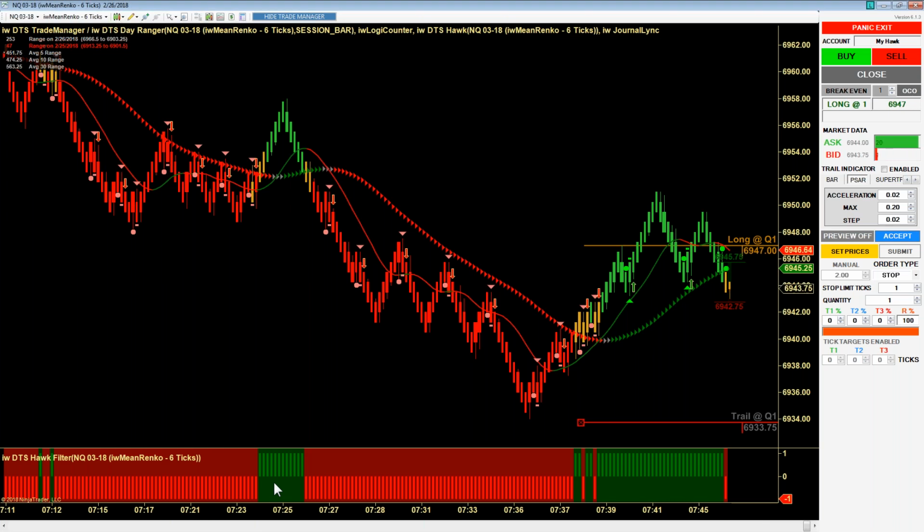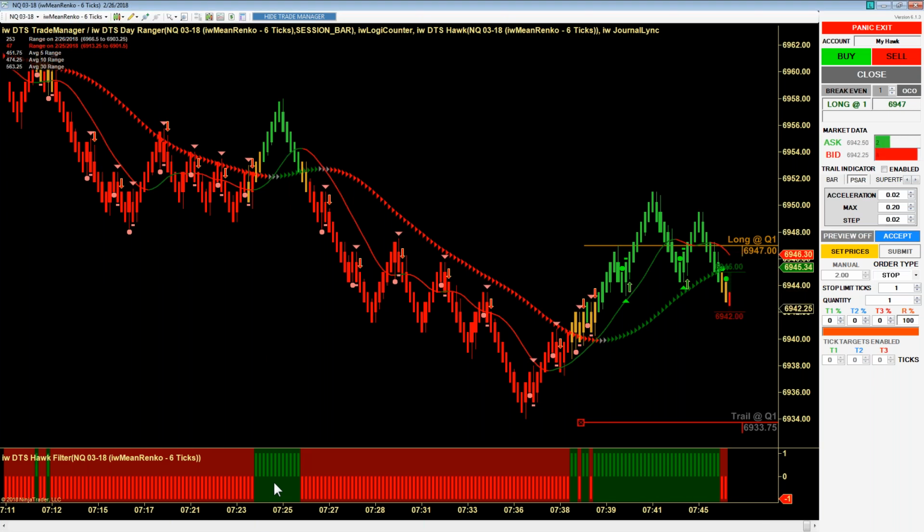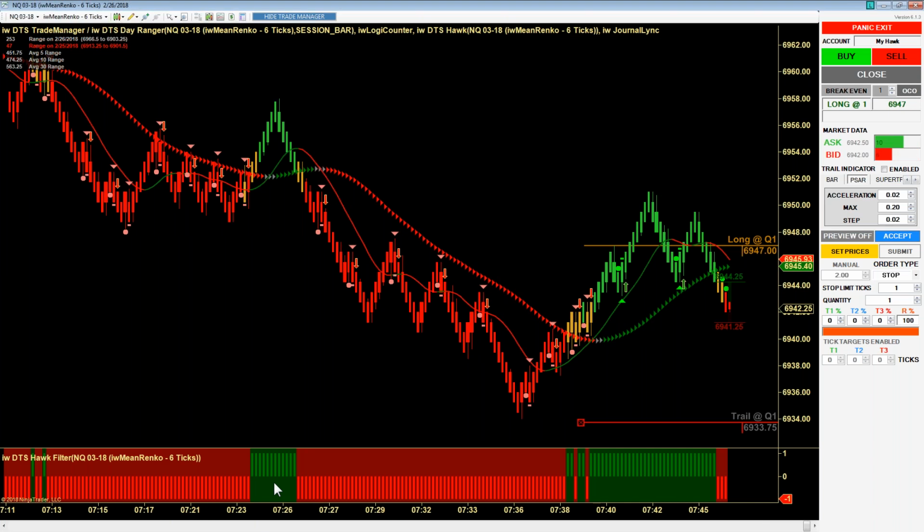Oh, wow. Here come the bears again. No, it's just too sideways today. They can't decide which way they want to go right now.